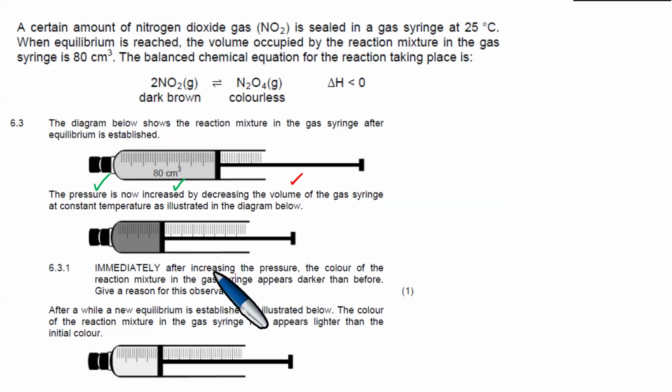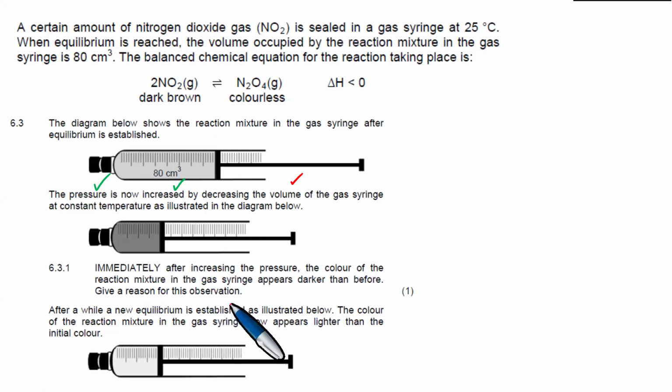Immediately after increasing the pressure, the color of the reaction mixture in the gas syringe appears darker than before. Whatever is dark brown is NO2, and N2O4 is colorless. Give a reason for this observation.